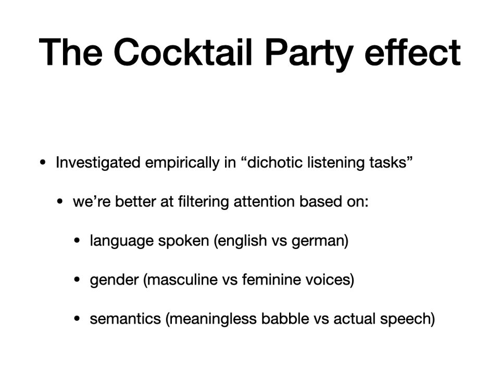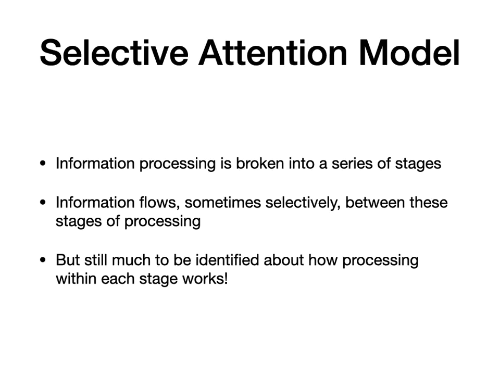So the selective attention model is this idea that the information processing that we're capable of actually doing is broken into stages. Information comes in, sometimes we select specific pieces of it, and we can do that during multiple stages of processing.